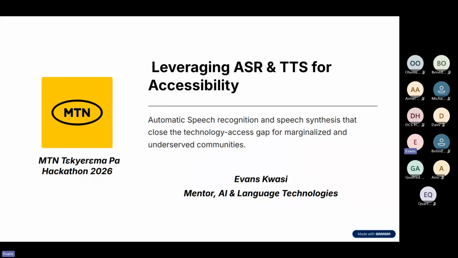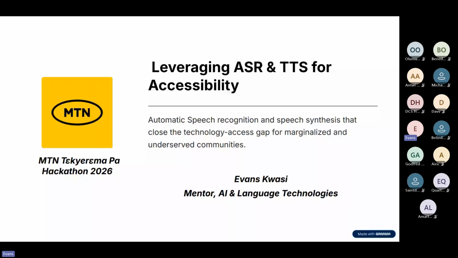Automatic speech recognition and speech synthesis close the technology access gap for marginalized and underserved communities. You want to build a product using these speech technologies for marginalized people and underserved communities in Ghana.